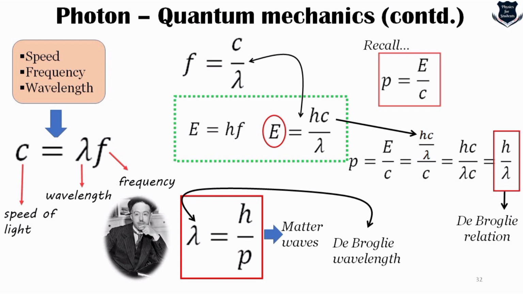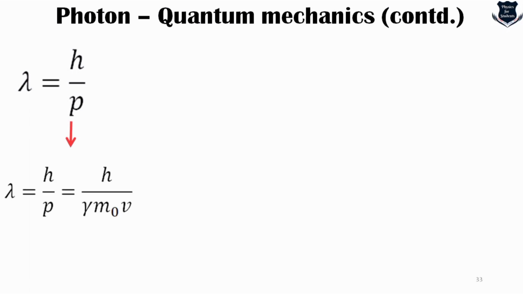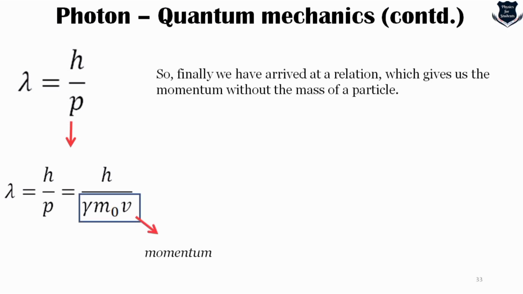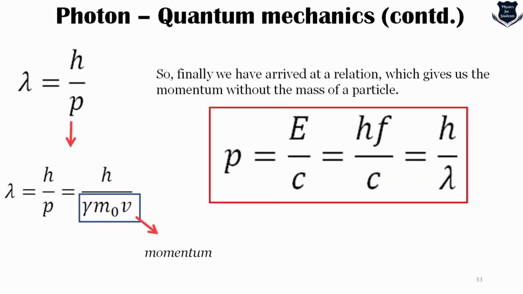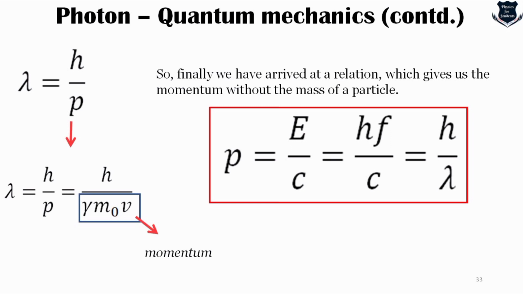So what we see now from here is that lambda equals h by p, which can also be written with m0, which means the rest mass. This is the momentum. So finally we have arrived at a relation which gives us the momentum without the mass of the particle. So you see this equation, I'm so sorry. This is how it looks like.